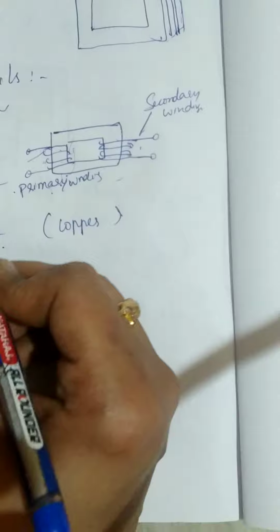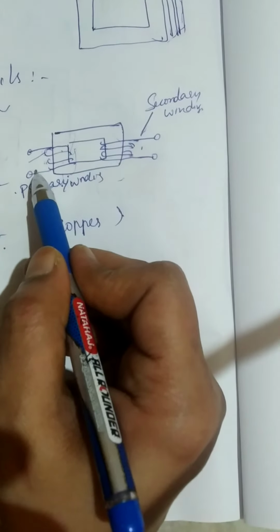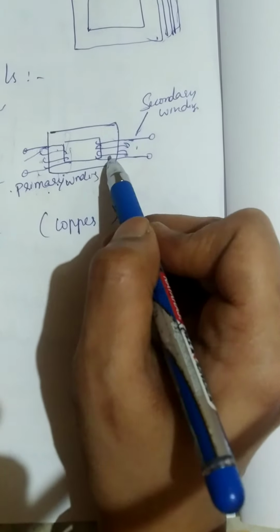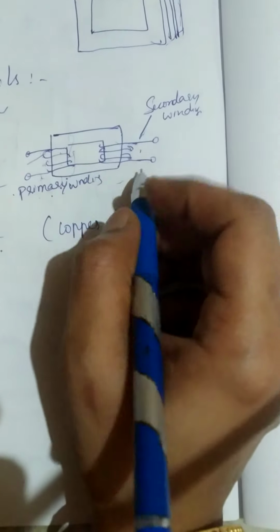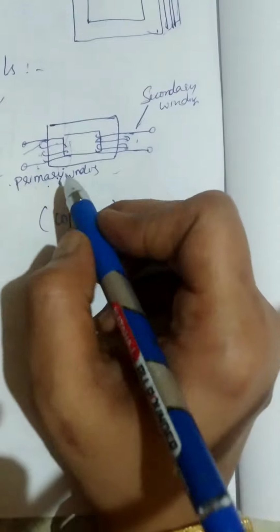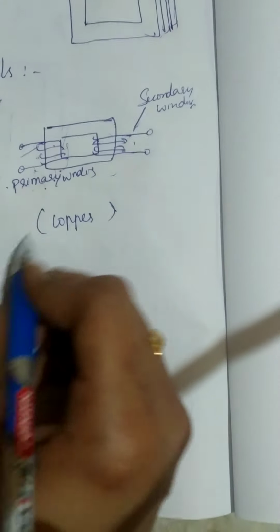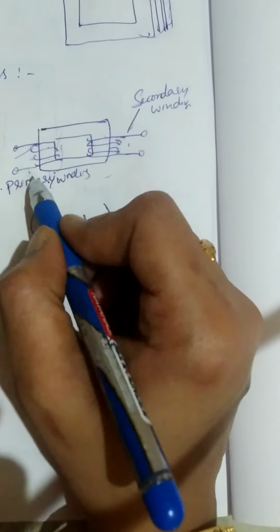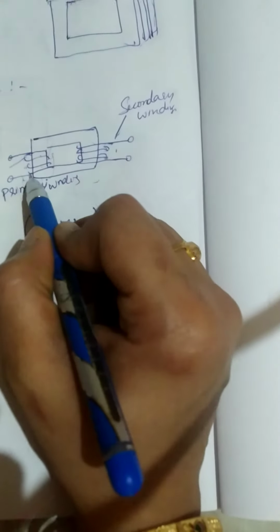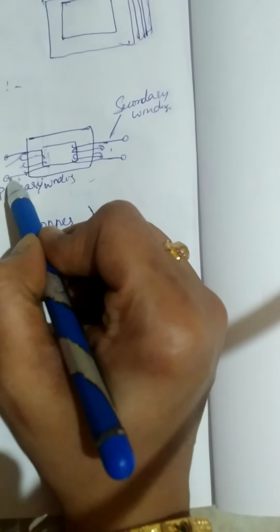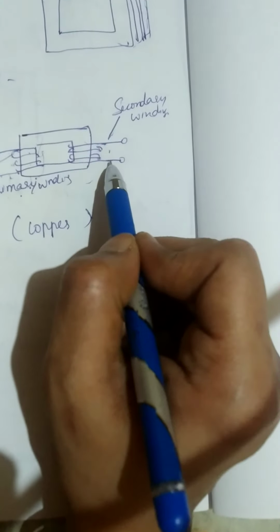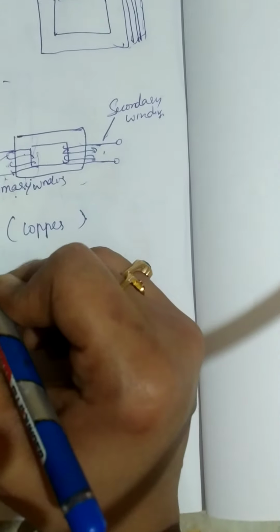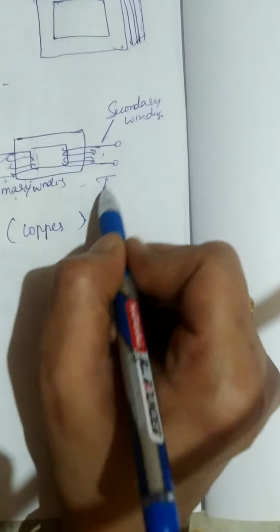So current passing through the resistance gives rise to I square R losses.